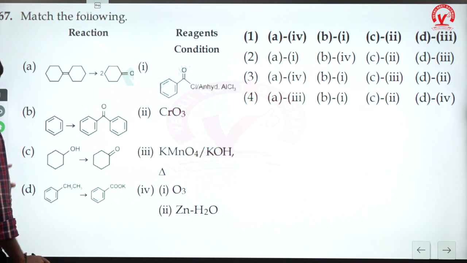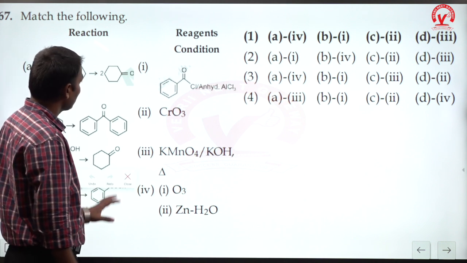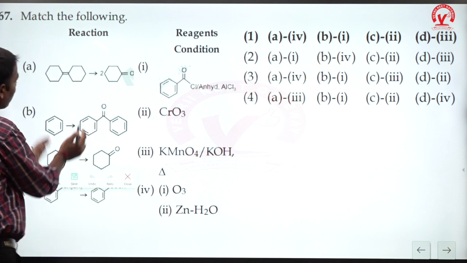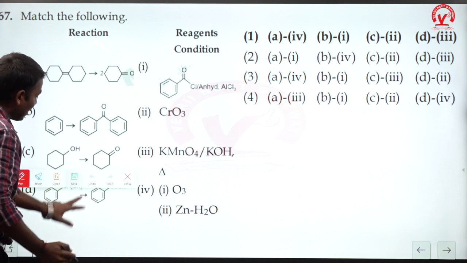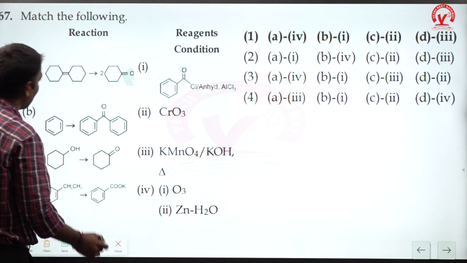Question number 67. Match the following reactions. Yes, organic chemistry they gave this. So they gave substrate and reagents, which is the correct relation, right?